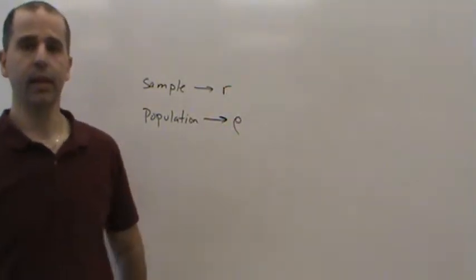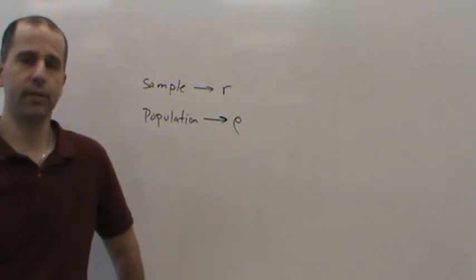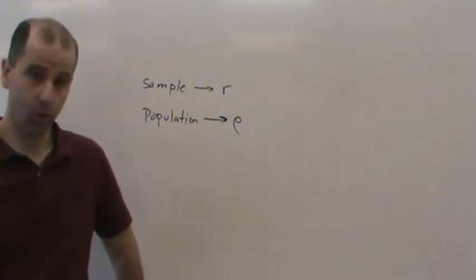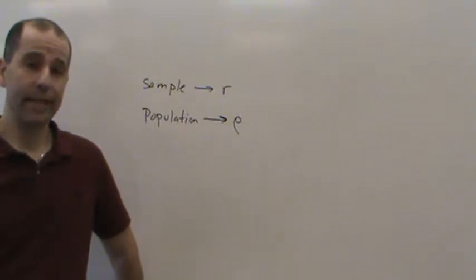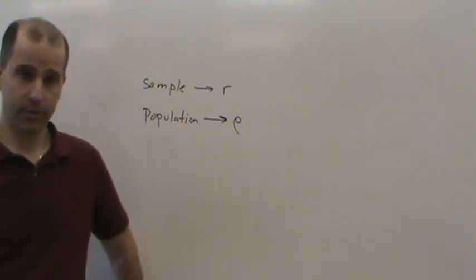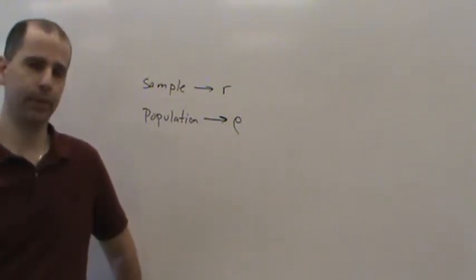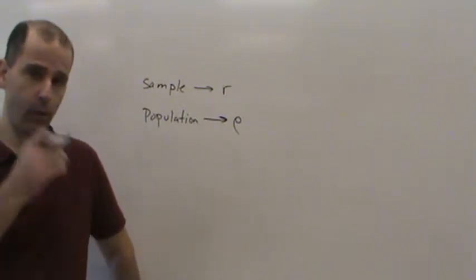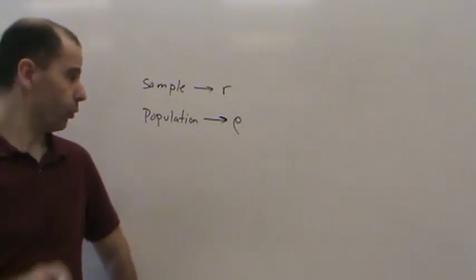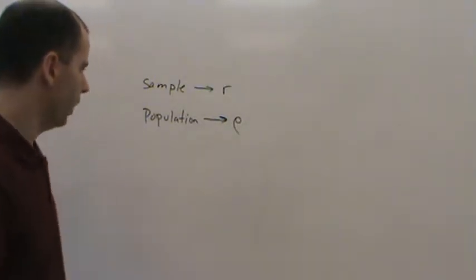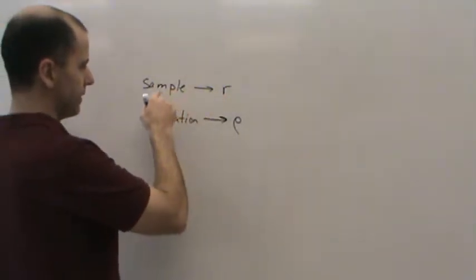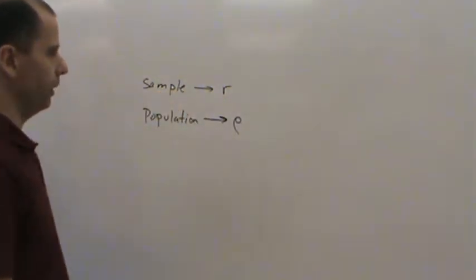Rho is the Greek letter that represents the parameter, the population correlation. If we were able to take all possible pairs of XY from the entire population and then calculate the correlation, that would be rho. We don't know this most of the time, very rarely. So R is based on the sample.